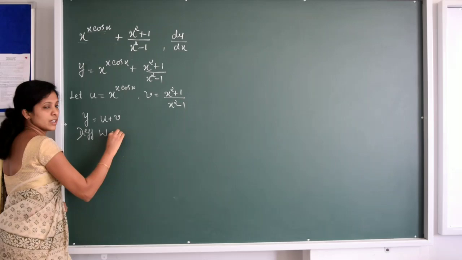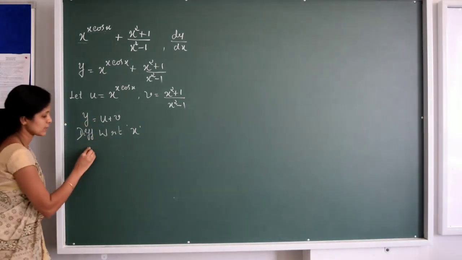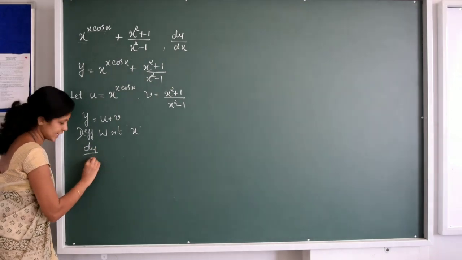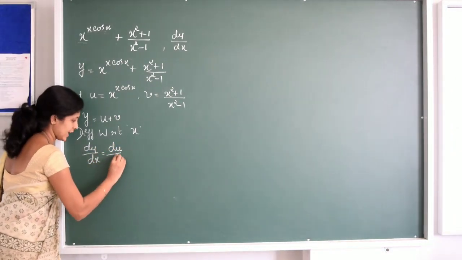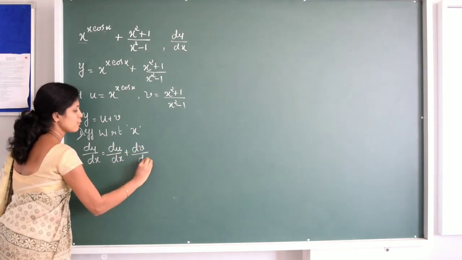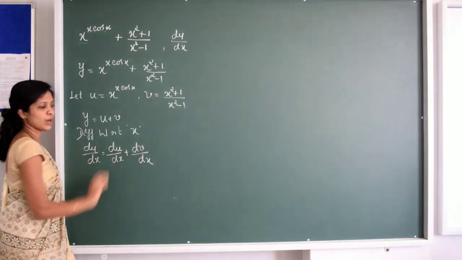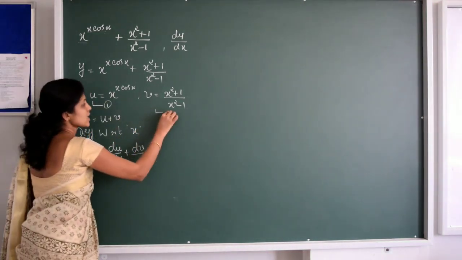Differentiating with respect to x, dy/dx = du/dx + dv/dx. Now first you have to find du/dx, then dv/dx. We consider this as 1 and this as 2.